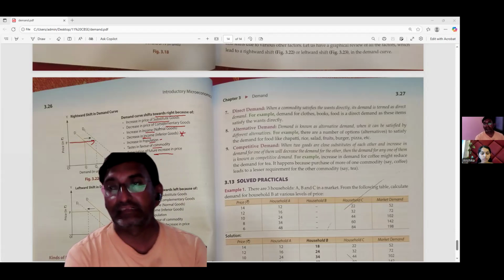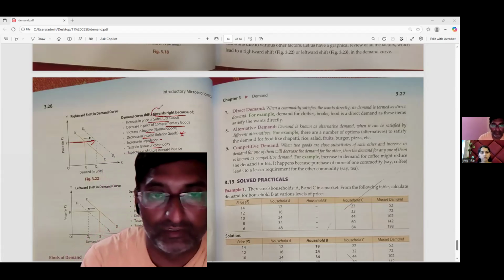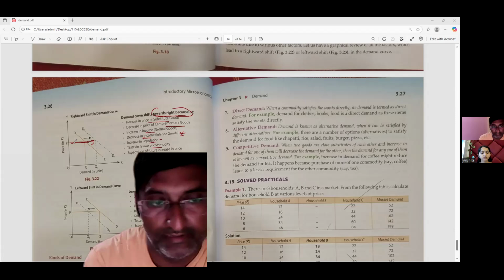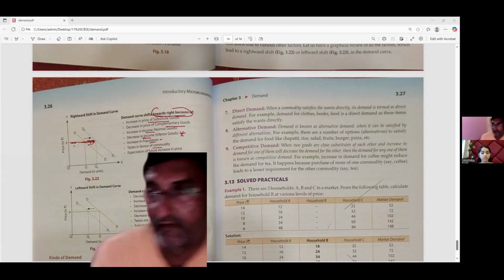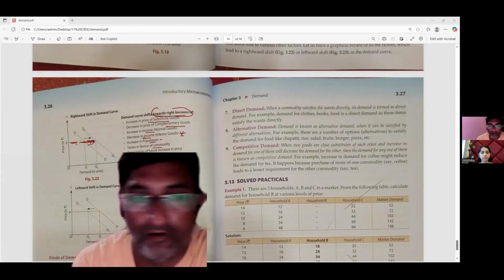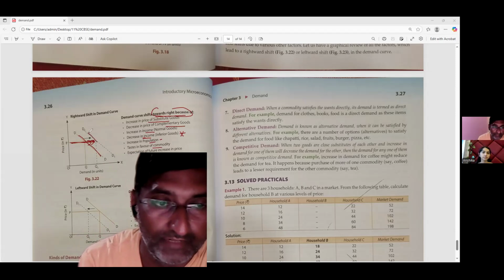So these are the examples. In these cases, the demand curve shifts toward the right-hand side. It will move from DD to DD1.